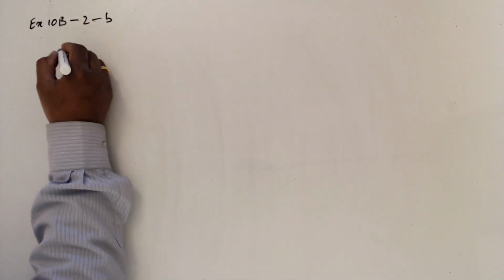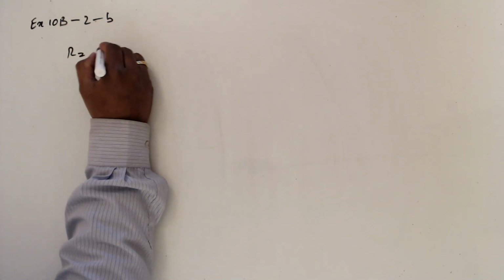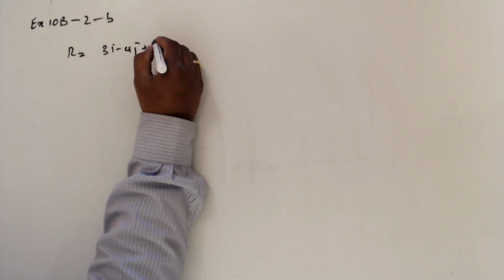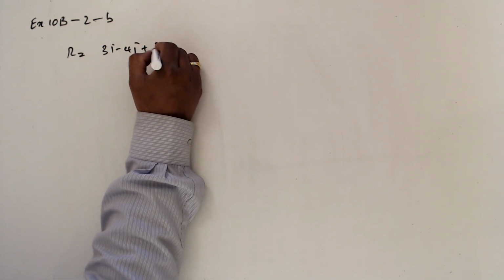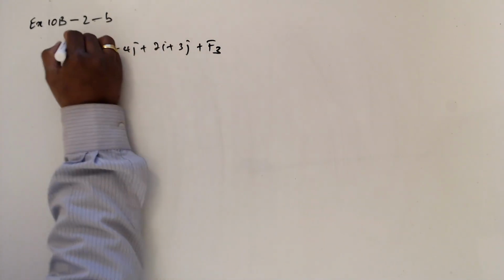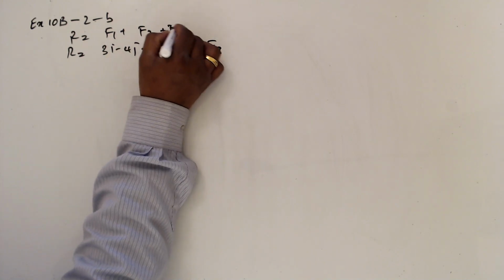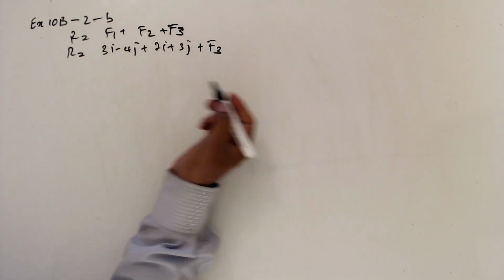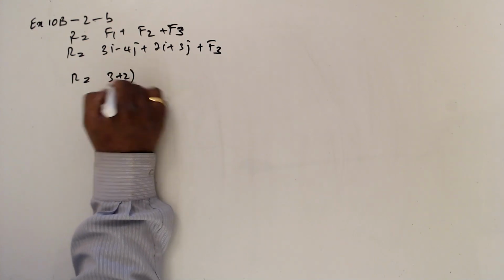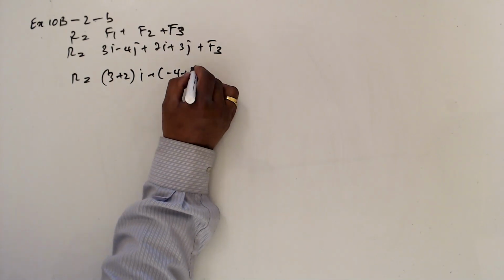Next one, part B. R equals 3i minus 4j plus 2i minus 3j plus F3. So R equals 3 plus 2 i plus minus 4 plus 3 j.